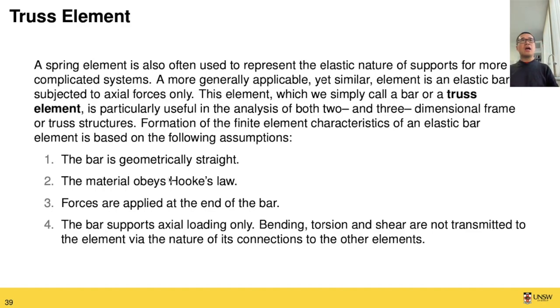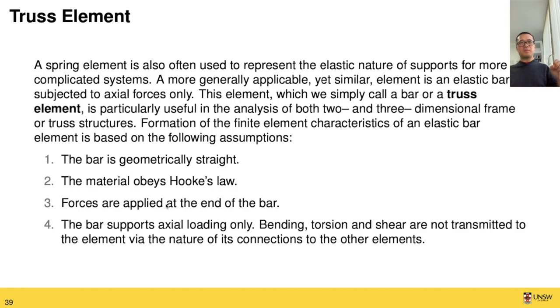And the material obeys Hooke's law. That means it will deform elastically, and the deformation grows linearly with respect to the external load. The forces are applied at the ends of the bar, so there are no other forces distributed in the middle.